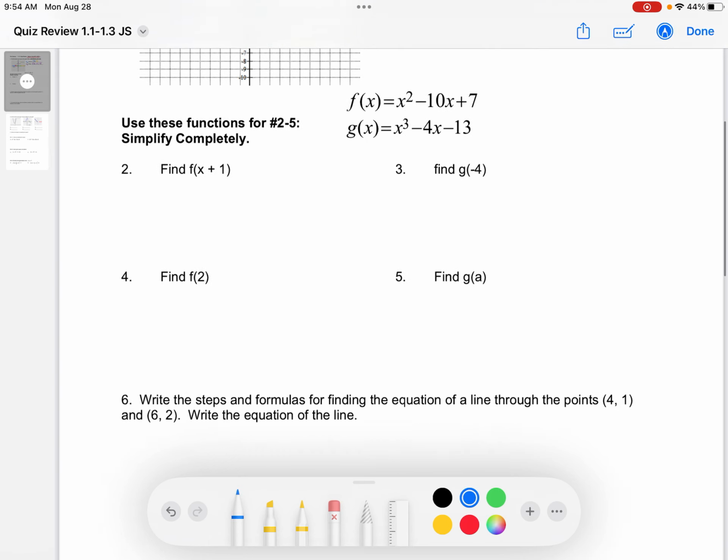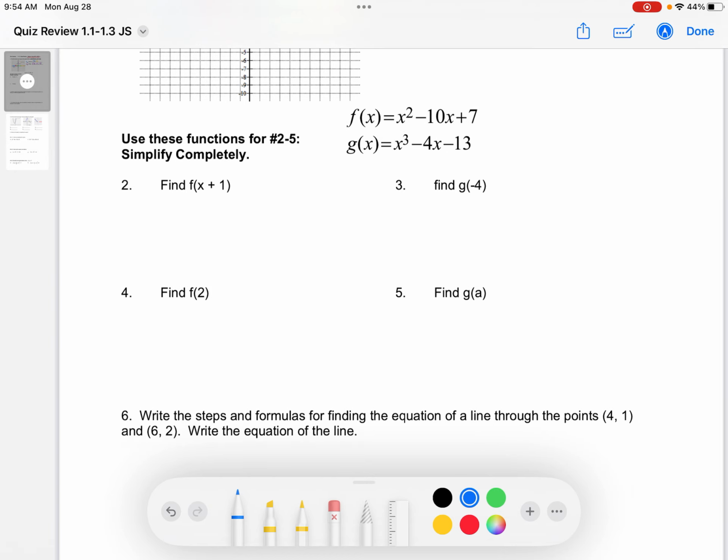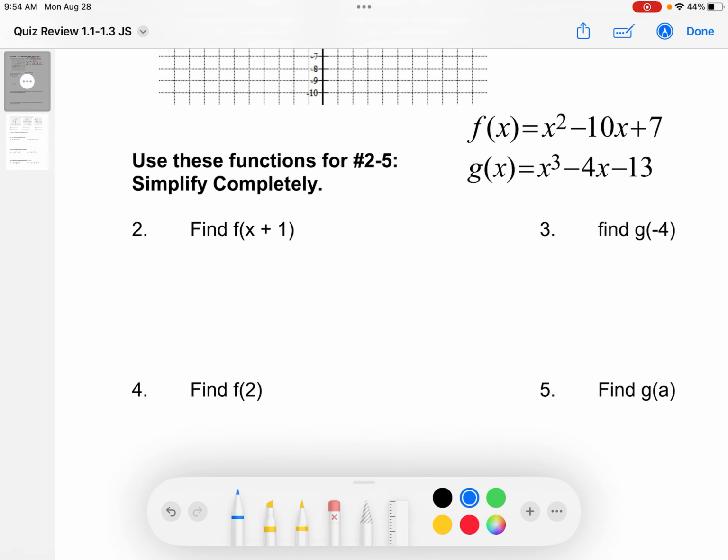Now, let's look at 2 through 5. We are using these functions. So on number 2, find f of x plus 1. So in the f function, everywhere there was an x, we are going to replace it with x plus 1.